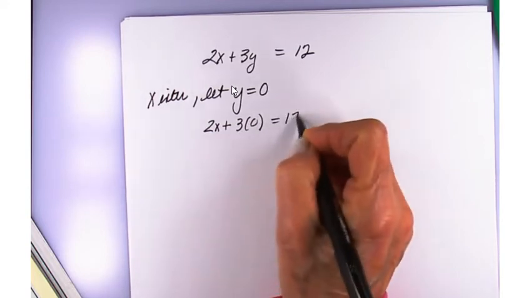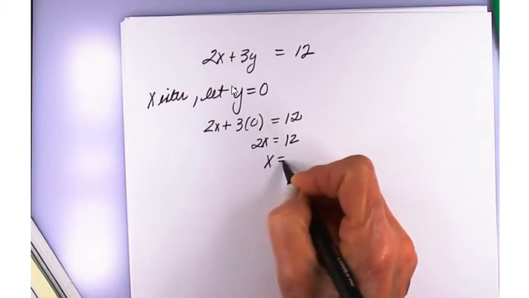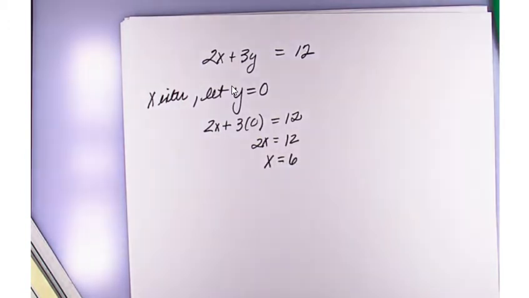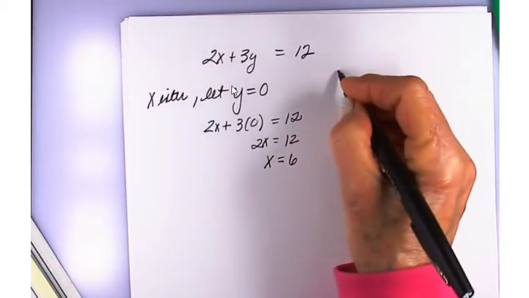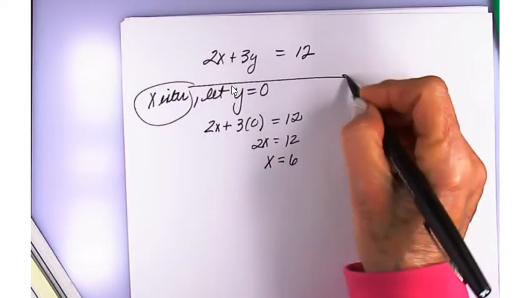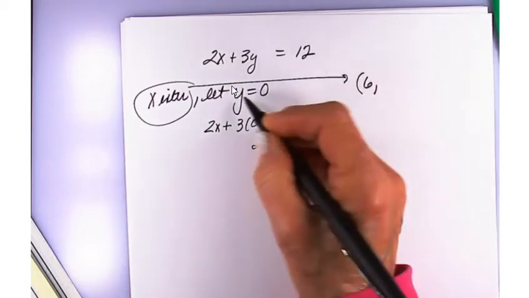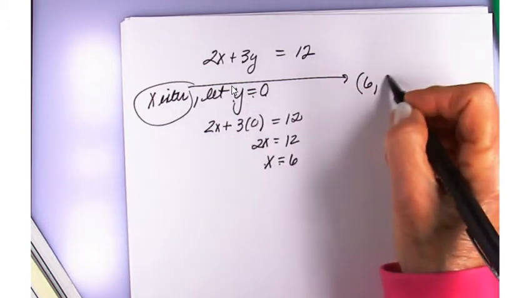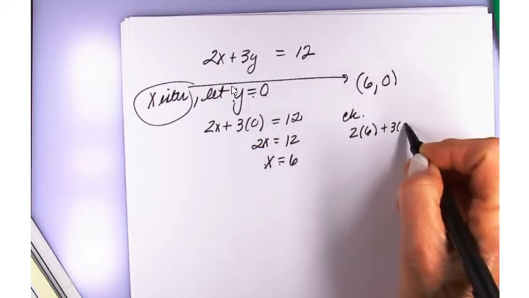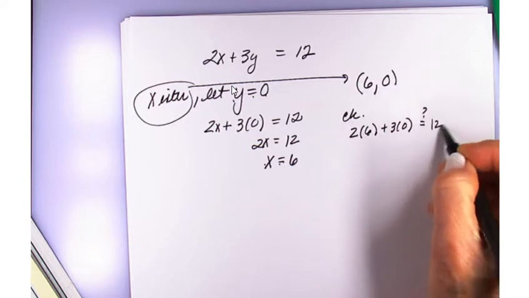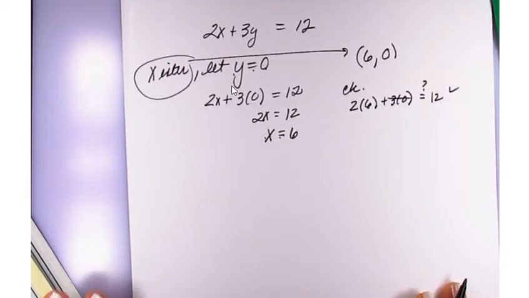I get 2x equal to 12, and when I divide each side by 2, I get x equal to 6. So the x-intercept then is x is 6, y is 0. Let's do a check. 2 times 6 plus 3 times y. Does that equal 12? Sure does. So you let the opposite variable equal 0.